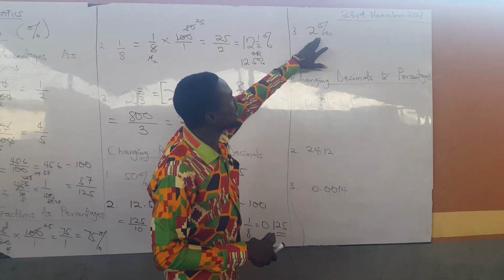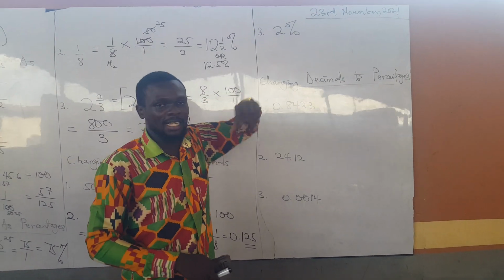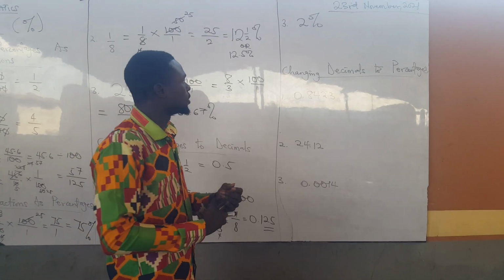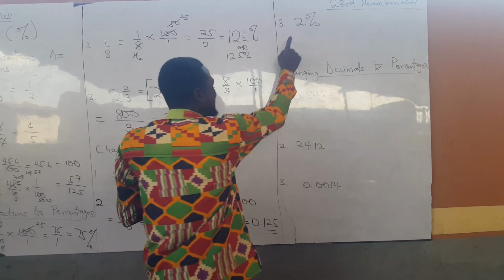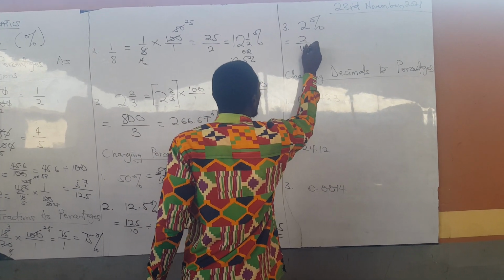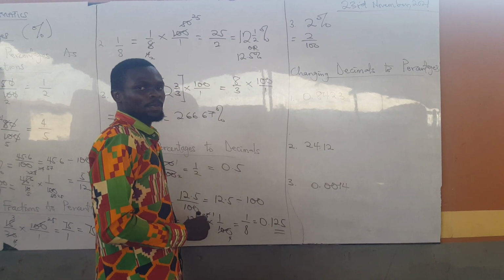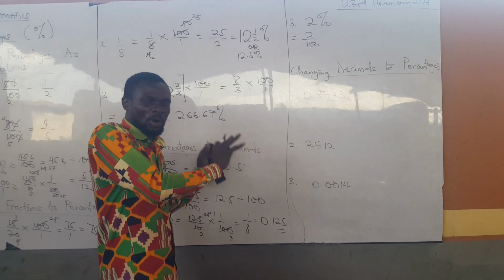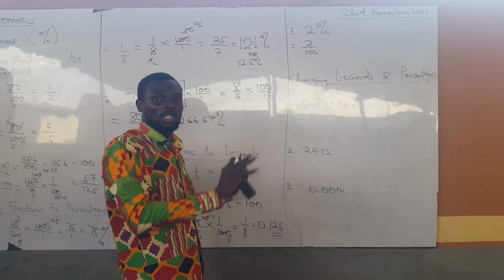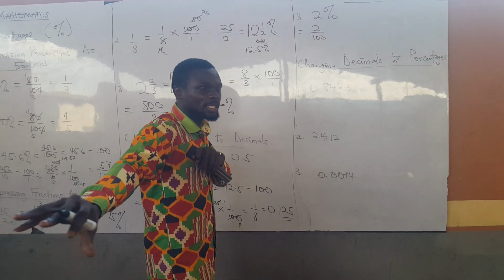The third one says change 2% to decimal. 2%, change it to decimal. So what you are going to do is that this 2% simply means 2 out of 100. It is already percentage, you are changing it into decimal. So this 2% is the same as 2 out of 100.